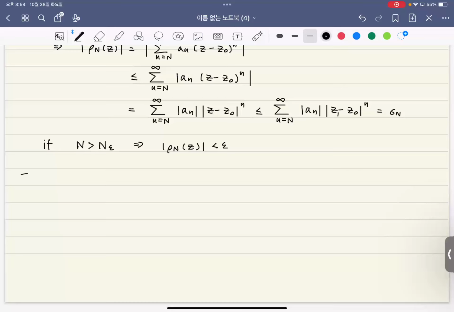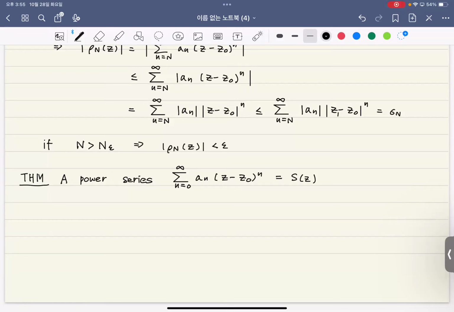The next theorem is about the continuity of the function given by the power series. For simplicity, please allow me to call this S of z.